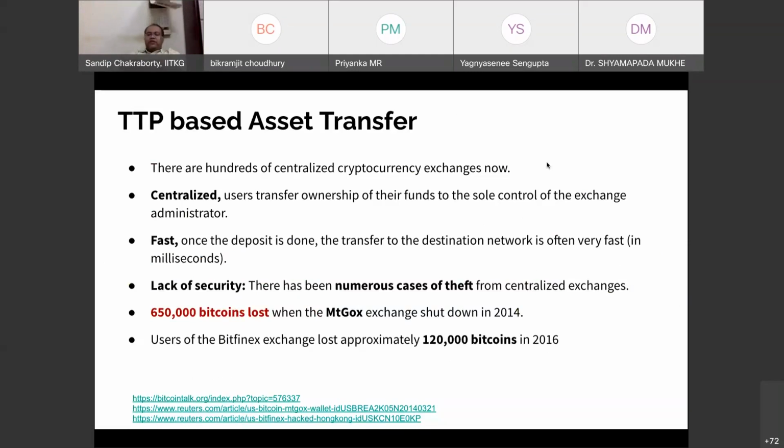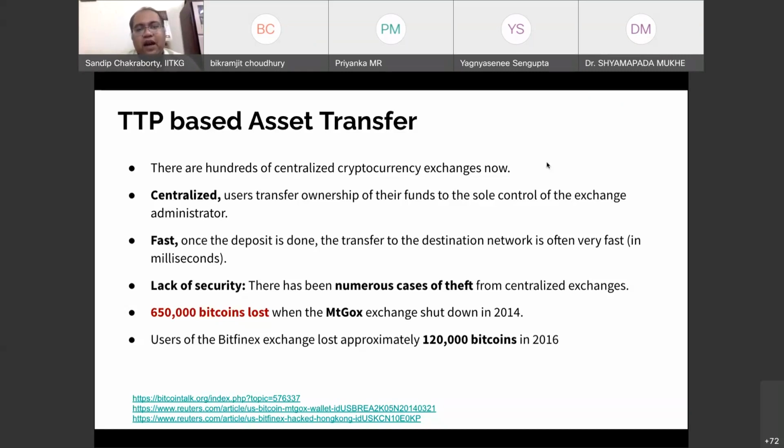If you do a simple Google search, you will see many cryptocurrency exchanges where you can sell Bitcoin and buy Ethereum, or make a transaction from one cryptocurrency to another. But the problem with such TTPs is that they are centralized.